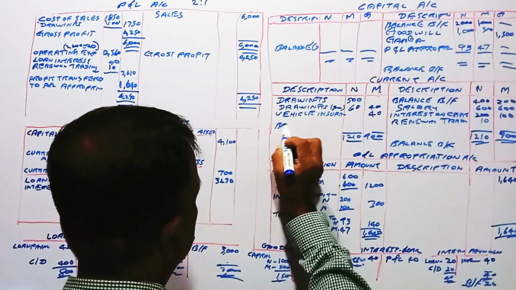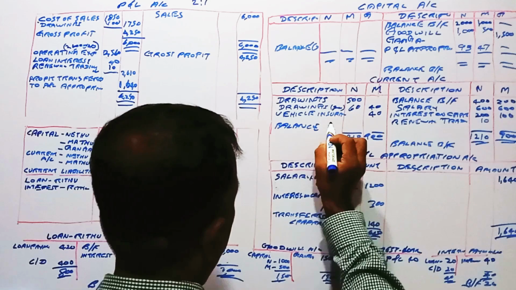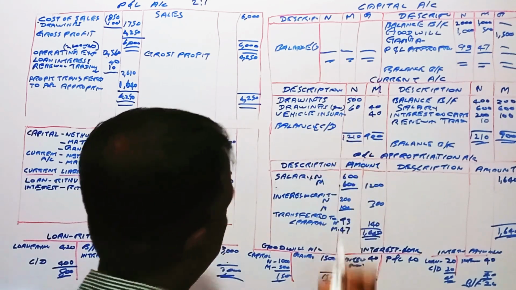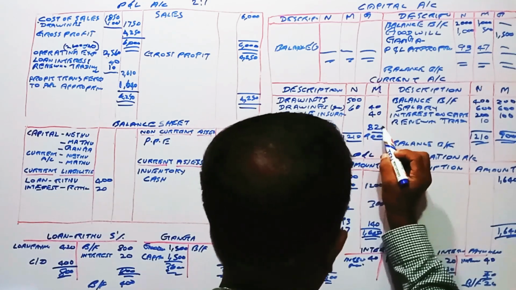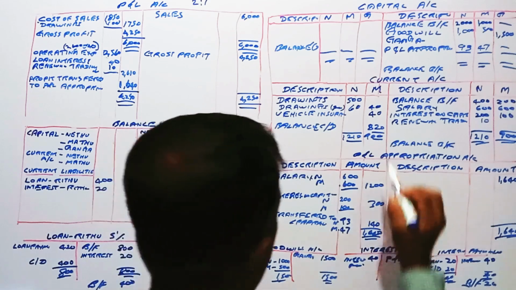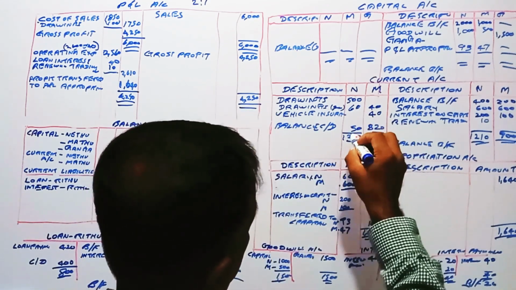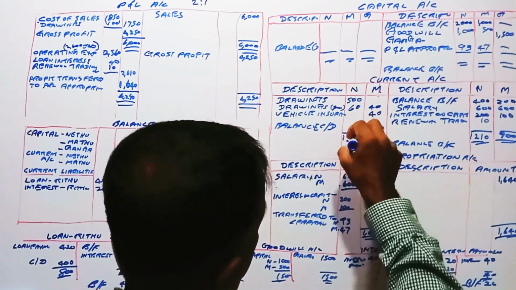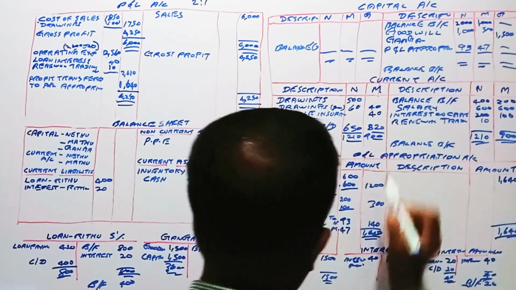Balance carried down. 900, 820, right? 1,210 means 50, 10, 1, 6, 650.